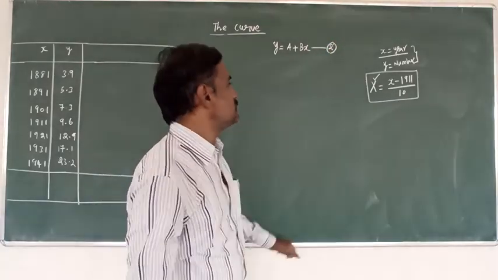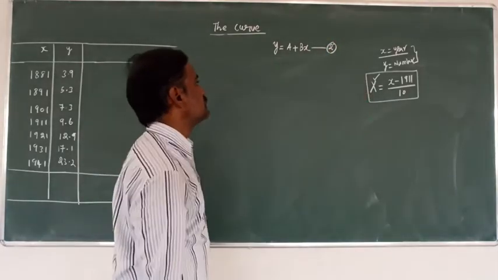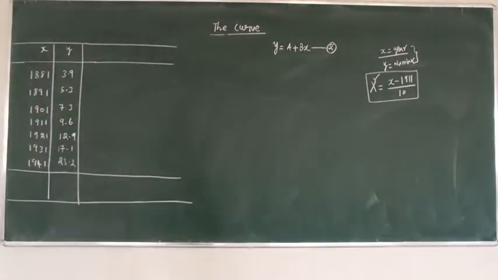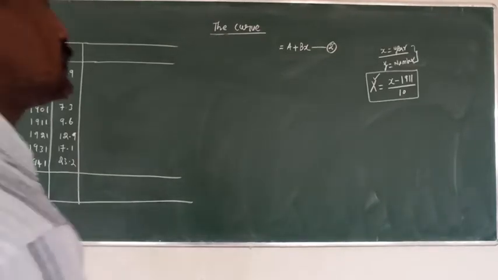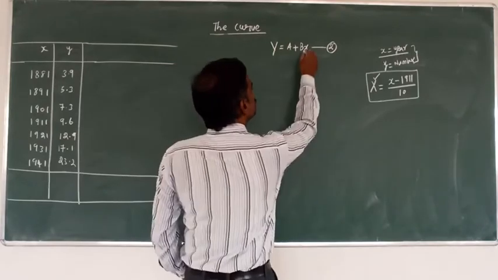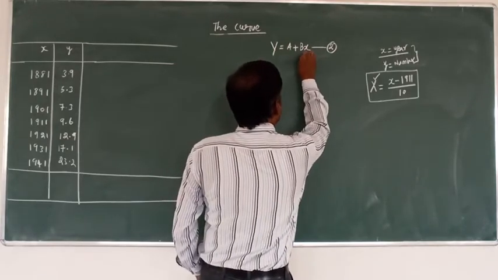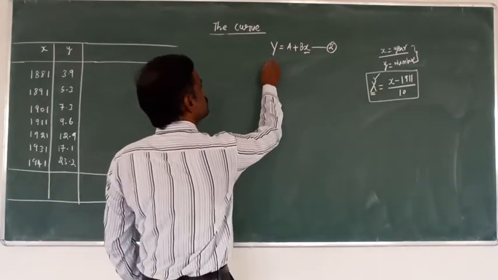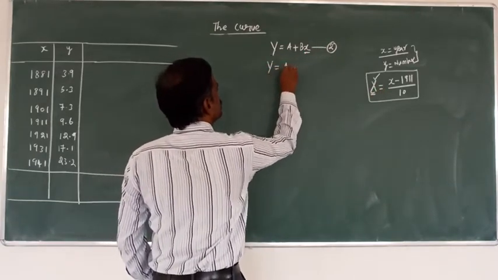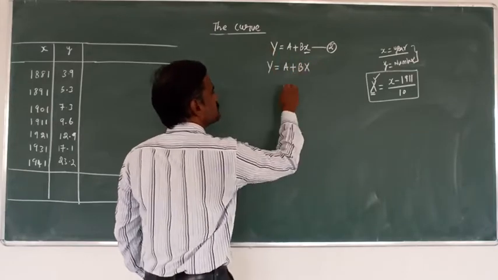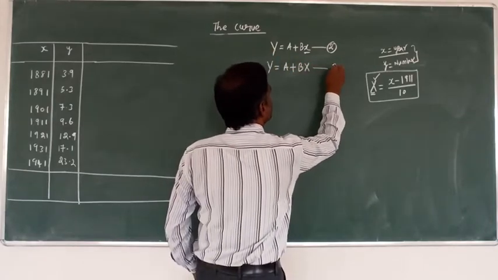Here x we consider as capital X. This is for capital Y. Now small x we consider as capital X. Capital Y equal to capital A plus capital B into capital X. This is equation number 3.